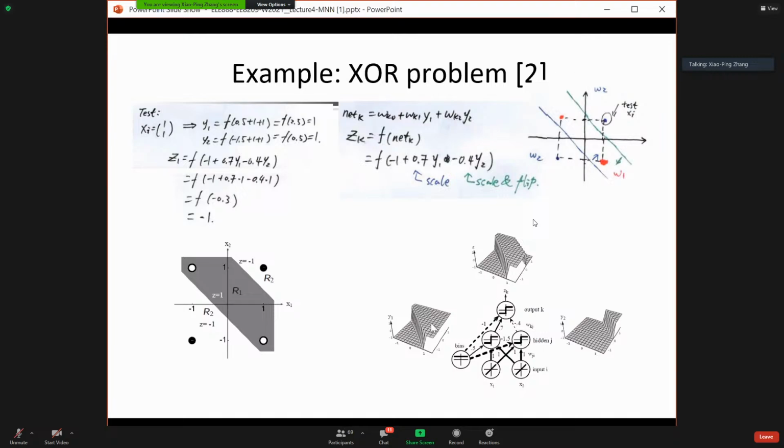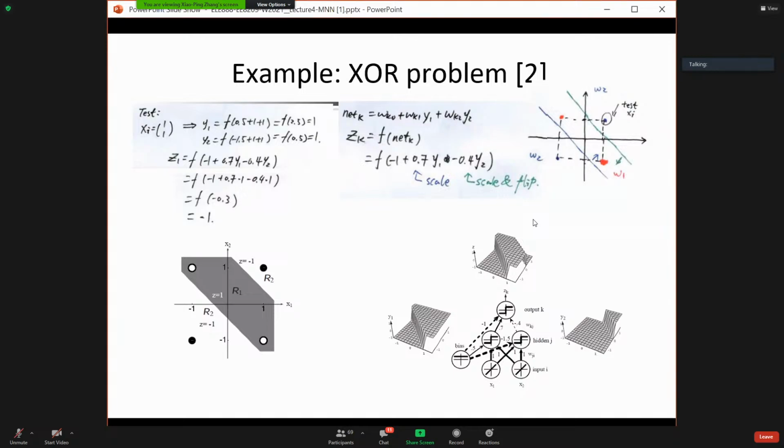Using 3 dimensions, the height represents the class, because at the end you have a threshold. Once you cut it, this middle line pops up. So this is our handcrafted neural network to solve the XOR problem.